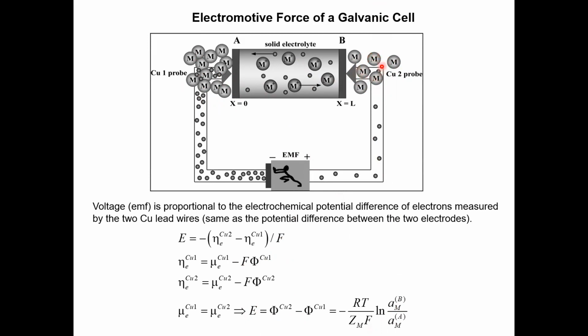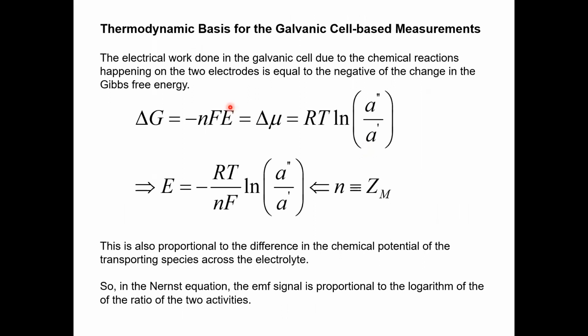For the reference electrode, you know the activity. With respect to the known activity, you figure out the unknown, which is the sensing side. With respect to the known reference, you detect the concentration on the sensing side by simply measuring the electromotive force by connecting the 2 electrodes to a multimeter. So that's the principle based on the Nernst equation.